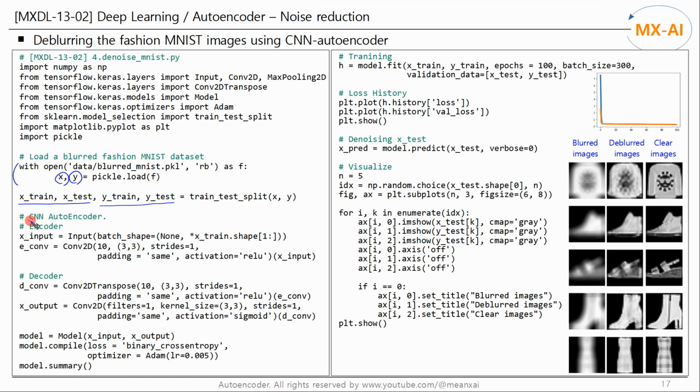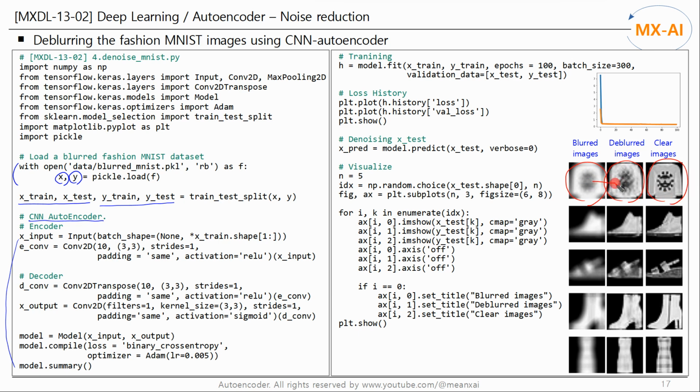Build a CNN-autoencoder model. This model is the same as the one used in the previous code. Let's just check the results. This is a blurred image, and this is a deblurred image. And this is the original clear image.